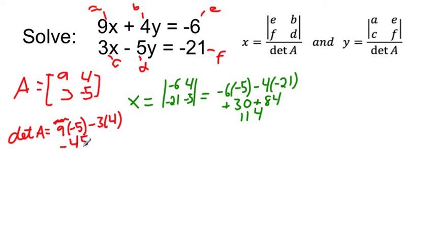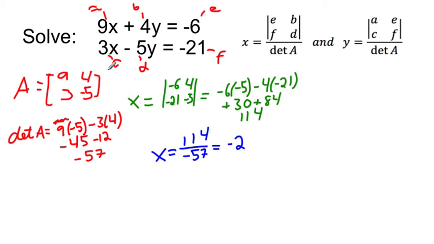Negative 45 minus 12 is going to give me a negative 57. So if I want to find out what my X value is, it's going to be this 114 divided by negative 57, or negative 2.